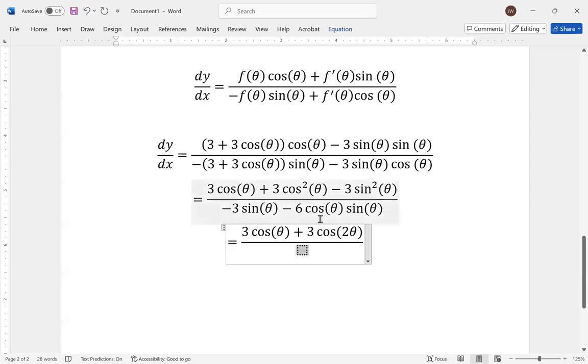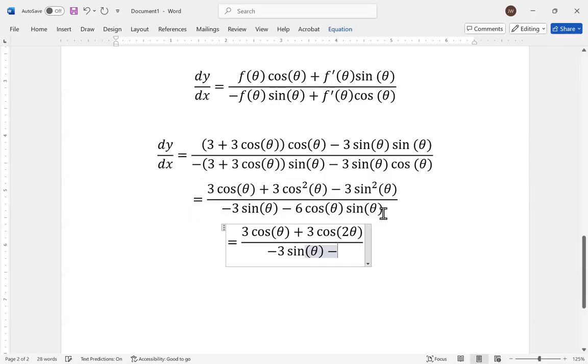And then in the denominator, we have minus 3 times sine of theta. And if I have 2 times sine times cosine, that gives me sine of 2 theta.